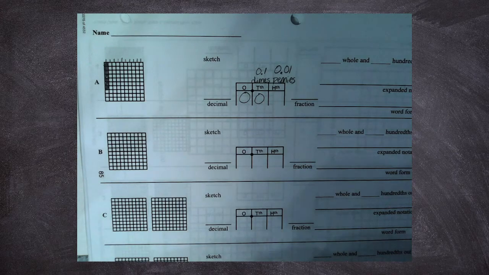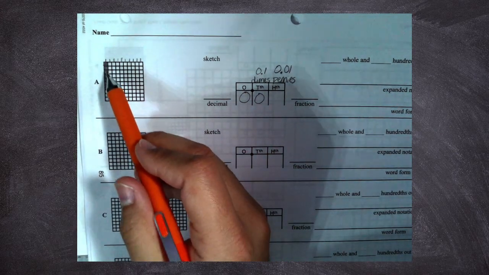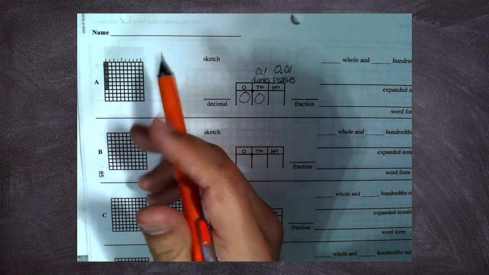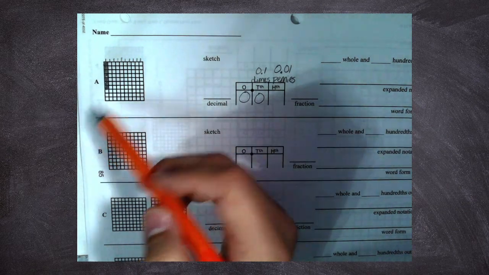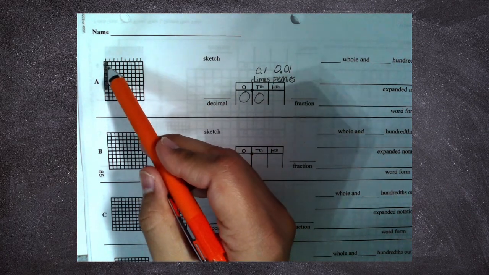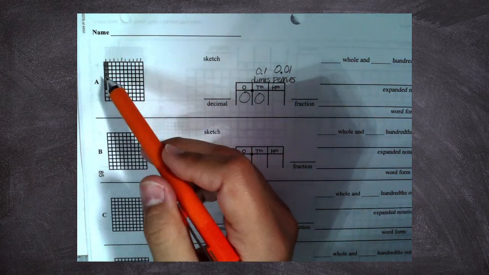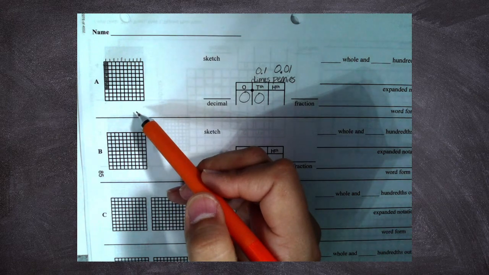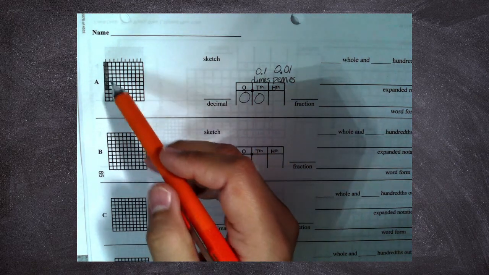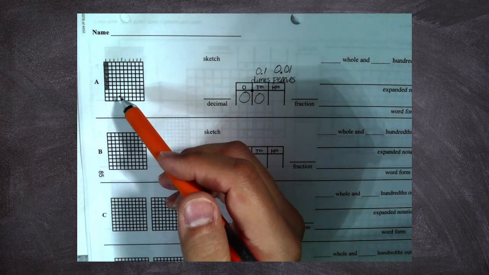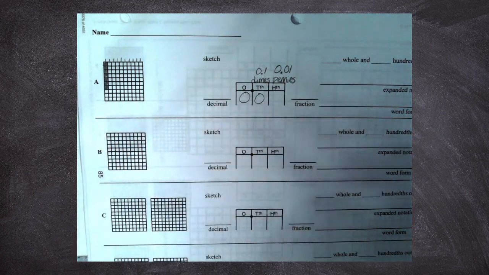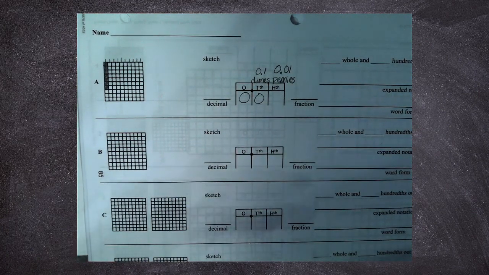And Kaylee, this is why I was telling you about shading in straight lines, because if you shade in straight lines, you're able to very quickly see, okay, did I shade in a whole 10th or not? If you shade in diagonally, or if you just shade in whichever boxes you want, you can't see very quickly, oh, okay, did I shade in a whole line or a whole row or not? If I shade in straight lines, I'm able to do that quickly.